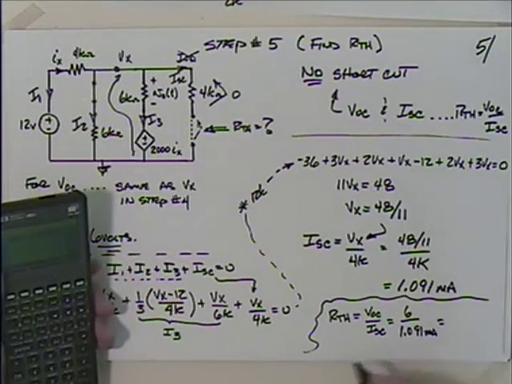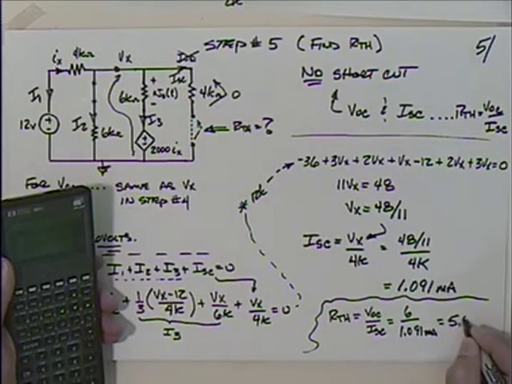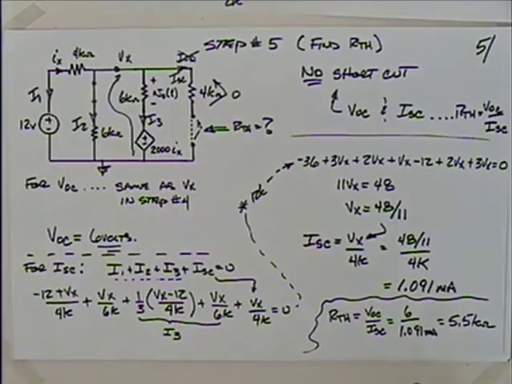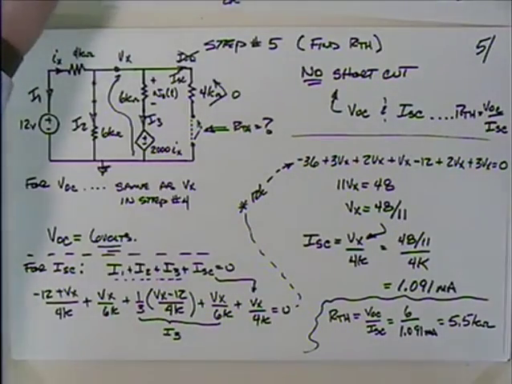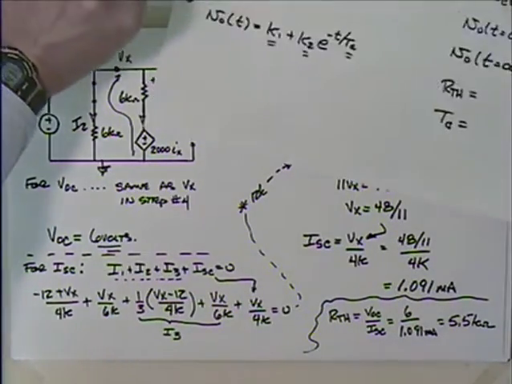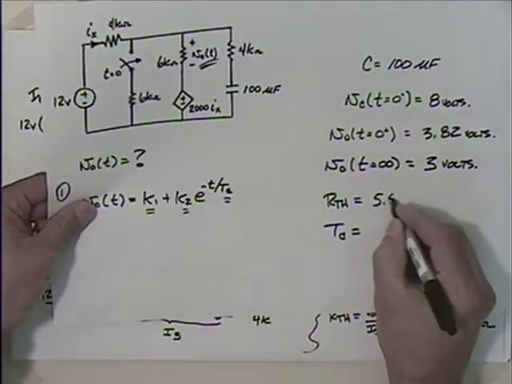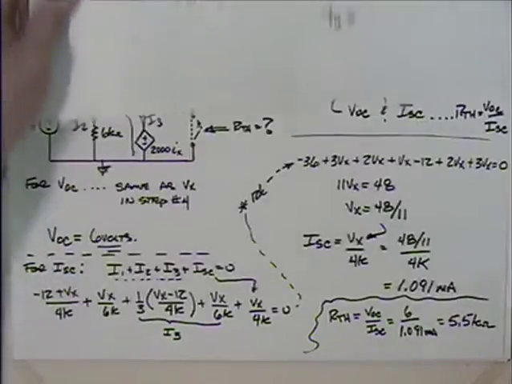We get 5.5 k ohms, don't we? 5.5 k ohms. So let me update my scorecard here if I can find it. R Thevenin is equal to 5.5 k ohms.